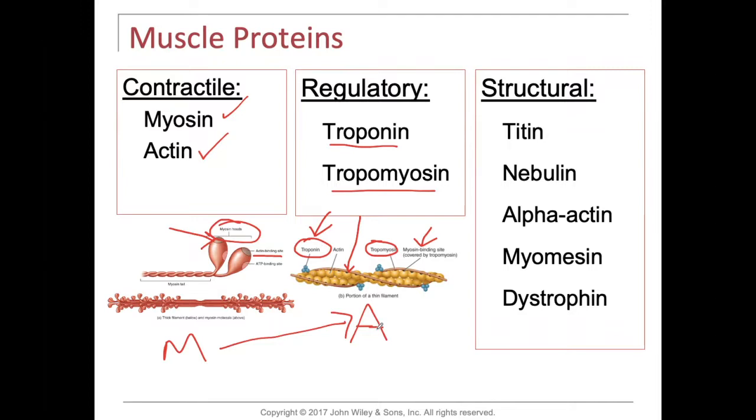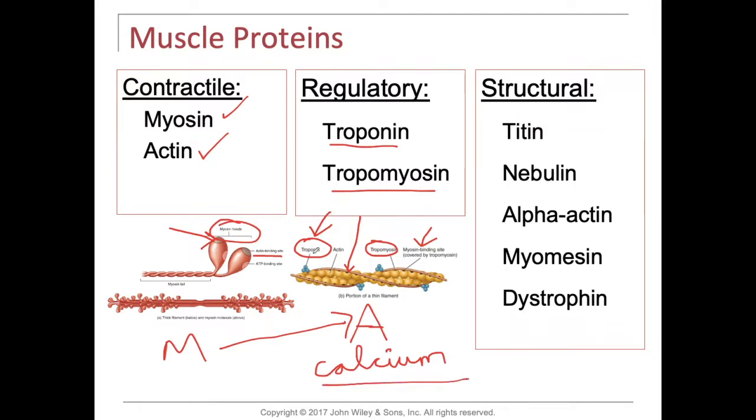So the question we have to ask ourselves is, well, that's pretty cool, but what is it that can remove troponin? What is it that can do that? Well, the magic key that can do that is called, once again, calcium.